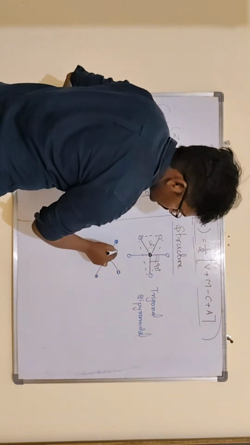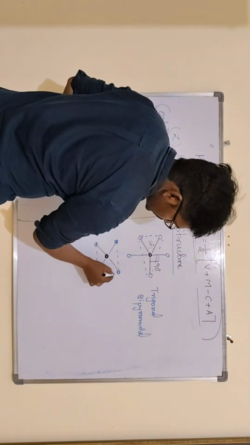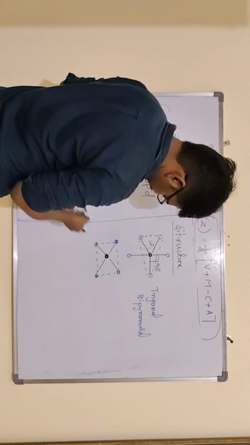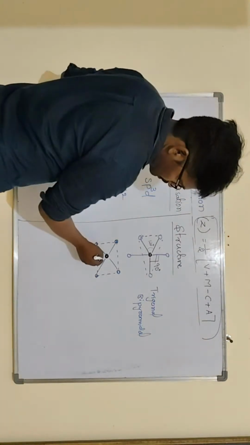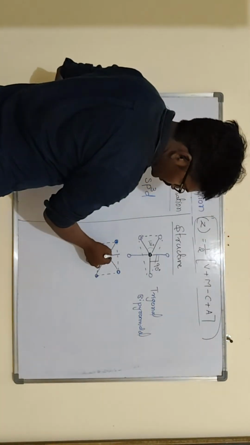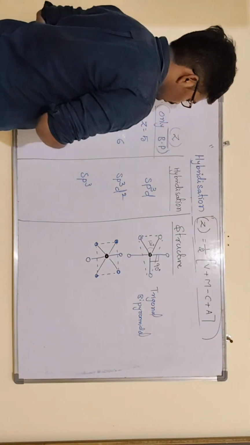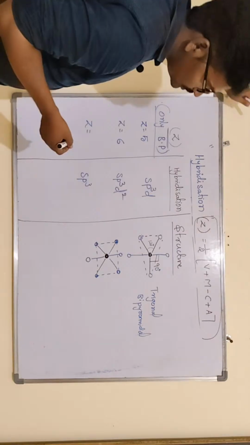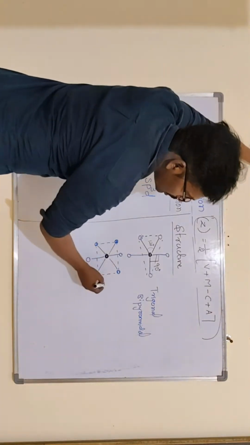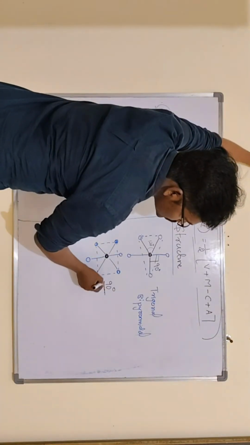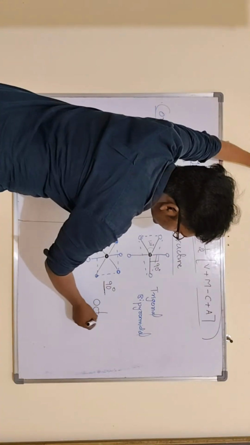Then above the plane 1 atom and below the plane 1 atom. Above the plane 1 and below the plane 1. So now the bond angles, if you observe, all our bond angles are 90 degrees. This we call octahedral geometry.